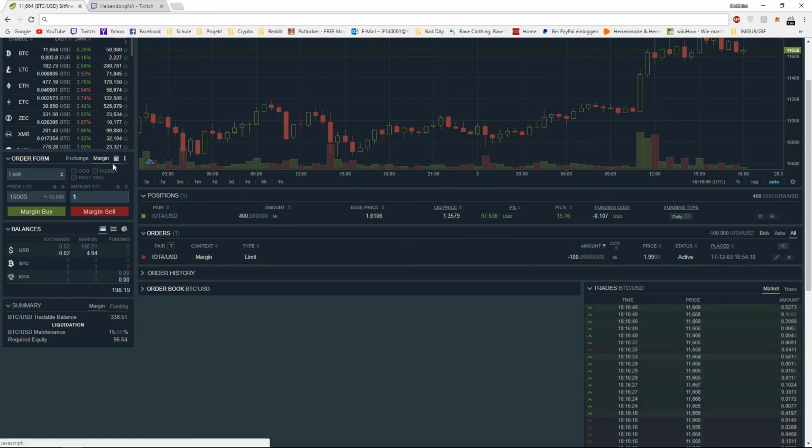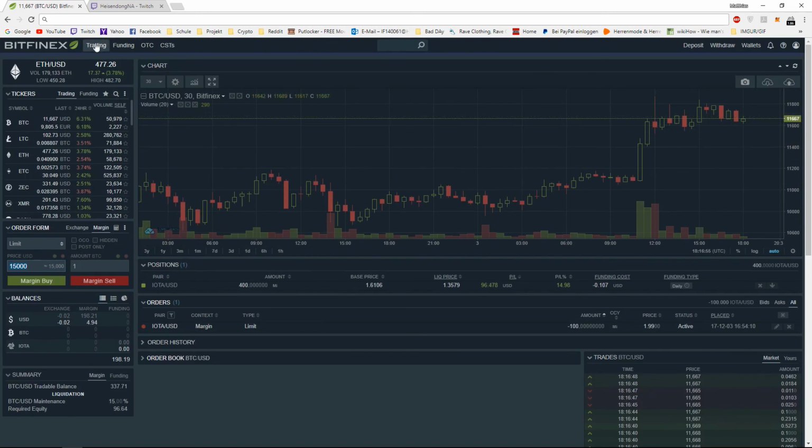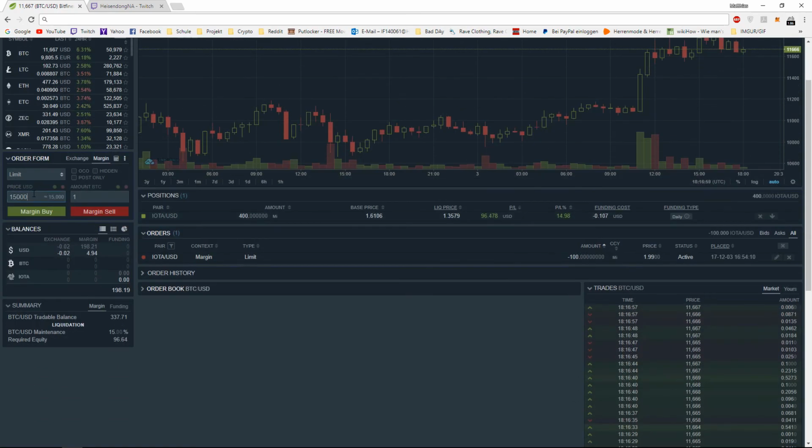The amount you want to sell, you can do anything between 0 and 1, because in our example, we have 1 Bitcoin, and you would then do margin sell. What that does is it waits for the value of Bitcoin to increase to your order, and then it sells.